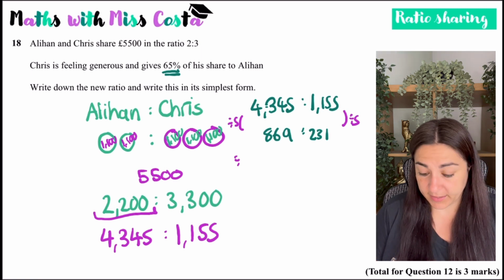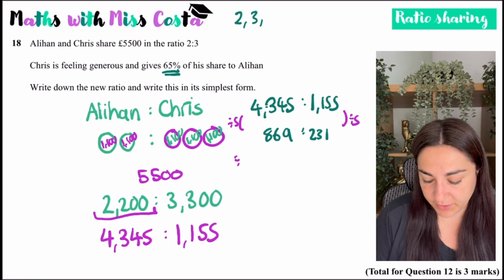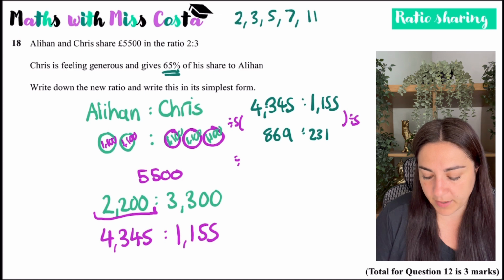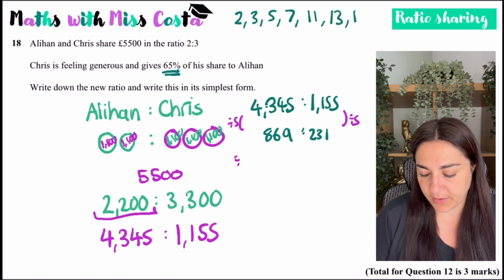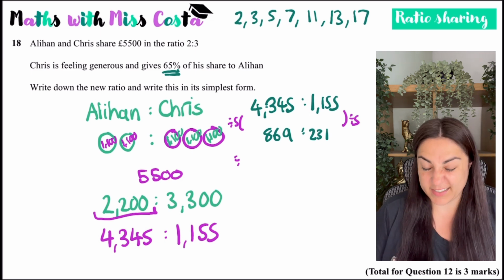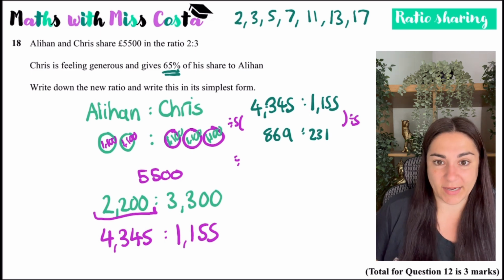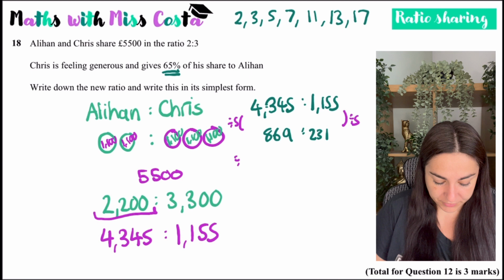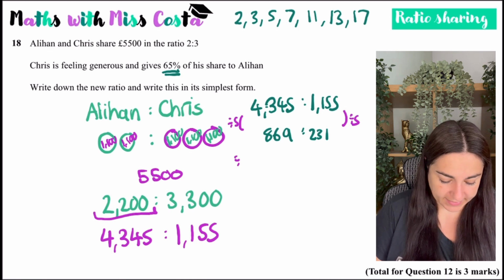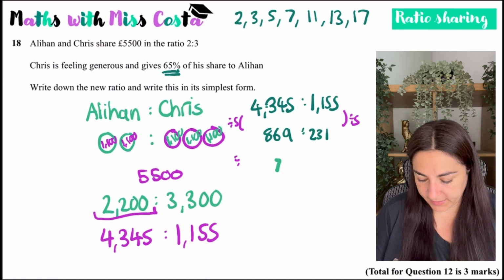Maybe I'll try dividing by something else. If you ever get stuck, you always want to try dividing by the prime numbers. So I'll just write them out here. It's always good to divide by one of these. It's the quickest way to get you there. So I'm going to try 869 divided by 7. See if that works. That doesn't work. 869 divided by 11. That works. So that's going to be 79.